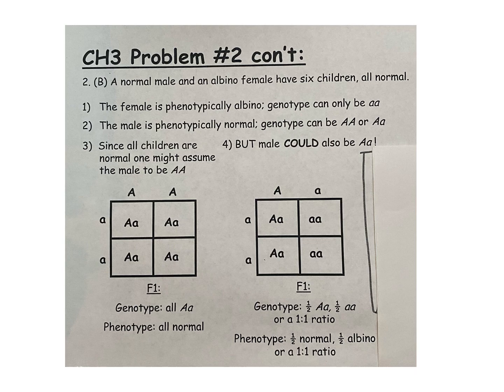If he were in fact heterozygous, you could list his gametes across the top, the gametes of the female along the side, and then use that to fill in the information in the Punnett square. In this case, we would expect half of the offspring to be genotypically heterozygous and half to be homozygous recessive, and phenotypically half of the offspring to be normal and half to be albino.